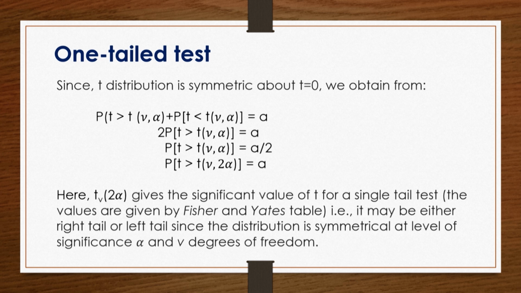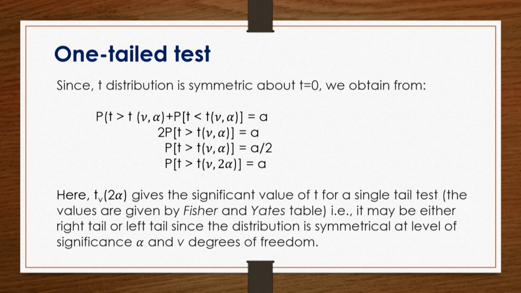One-tailed test. Since the t distribution is symmetric about t equal to 0, we obtain the values as probability of t greater than t of nu comma alpha plus probability of t less than minus t of nu comma alpha, that is equal to alpha. The nu is nothing but the degrees of freedom, alpha is the level of significance.